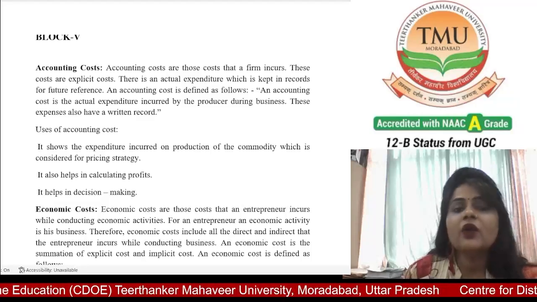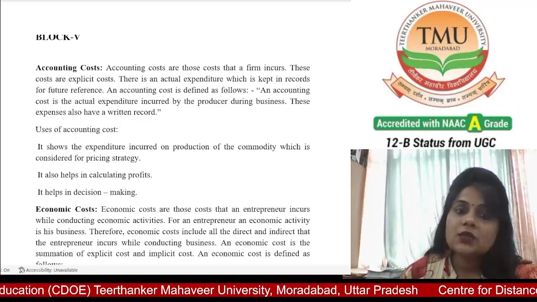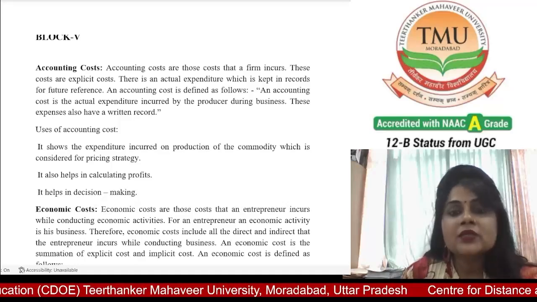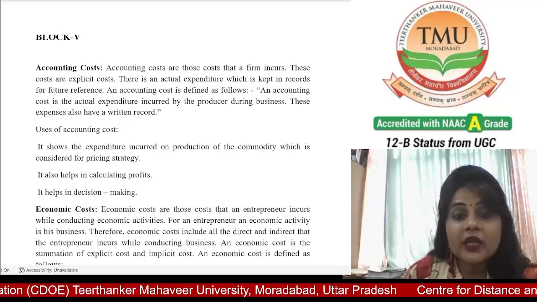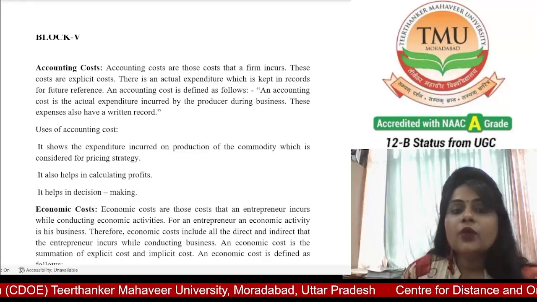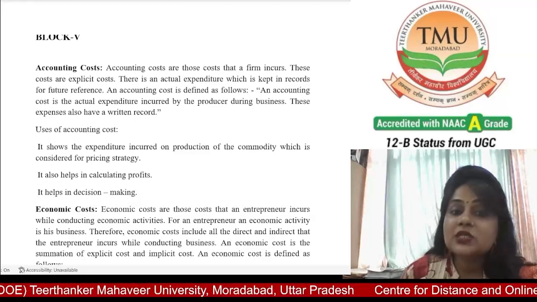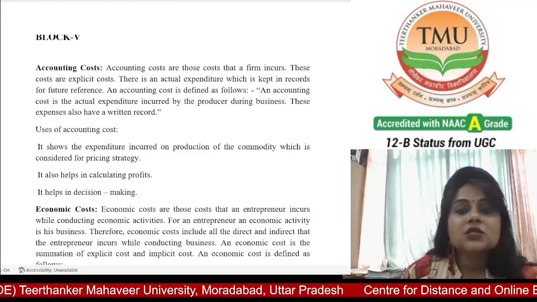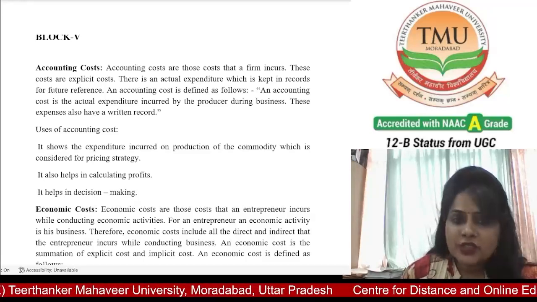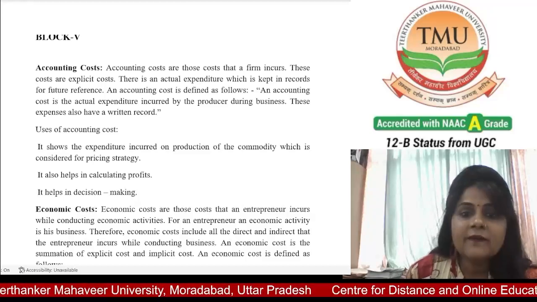Additional examples of accounting cost may include raw materials and equipment, utilities and maintenance, and rent. To calculate accounting cost, you can add all business expenses together, such as manufacturing cost, labor, salaries, taxes, and rent.